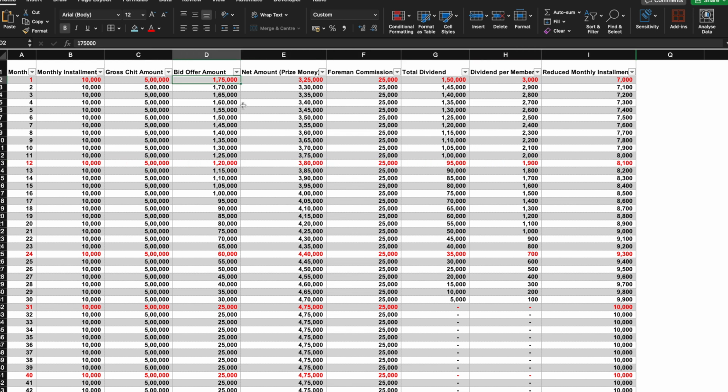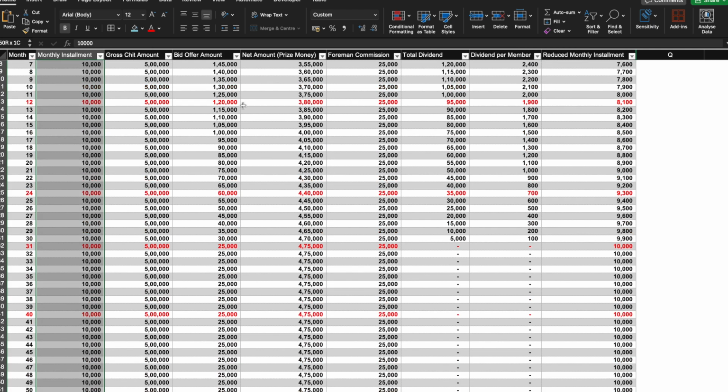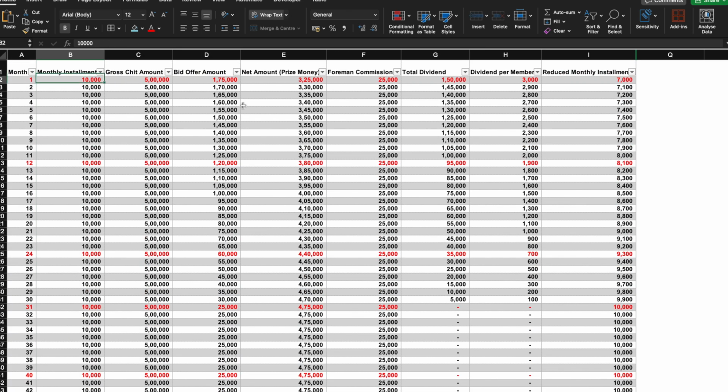So if you're someone who is bidding in the first month, you took a 1,75,000 loss for the first month to take home the money of 3,25,000. So you might be wondering whether it is worth going to that level of loss. Let us see. You took home 3,25,000 today, but eventually, based on the terms, you have to pay about 5 lakh over time, right?